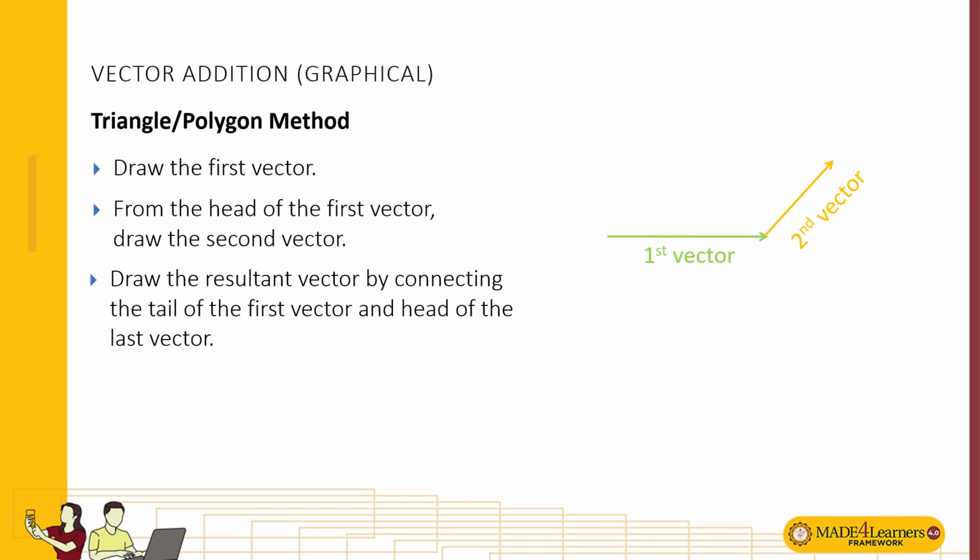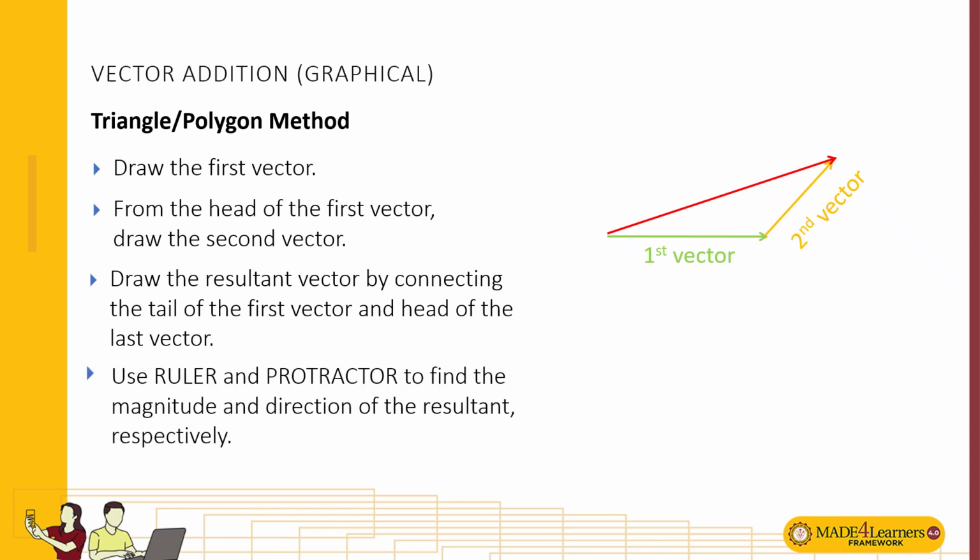You just connect the tail of the first vector to the head of the last vector to form the polygon. So a triangle for this set; if you have four vector quantities, you'll have a pentagon. So the fifth side would be the resultant, the last arrow that would close your polygon. And then use a ruler and protractor to find the magnitude and direction of the resultant.